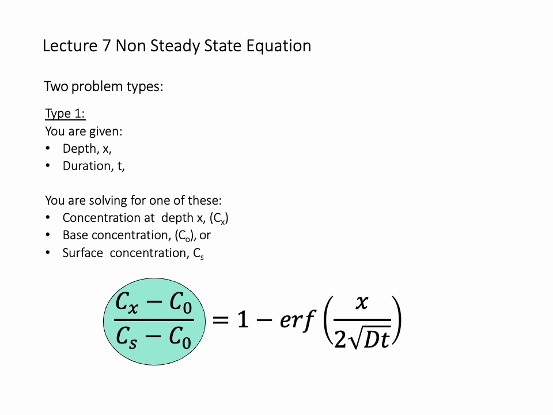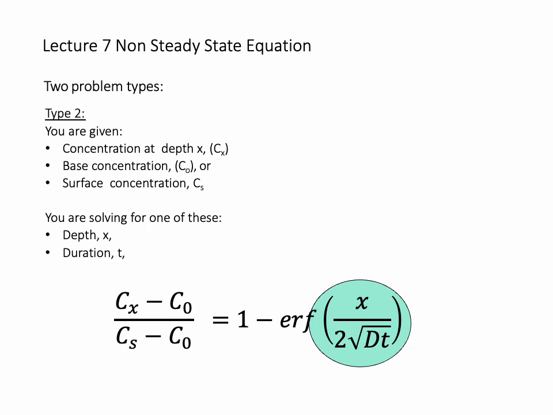So we're going to talk about two different problem types. The first is where the unknown is on the left side of the equation. So I'm given x, I'm given time t, I'm given temperature so that I can calculate D, or I'm given D, and I need to calculate one of these three unknowns, C sub x, C0, or C sub s.